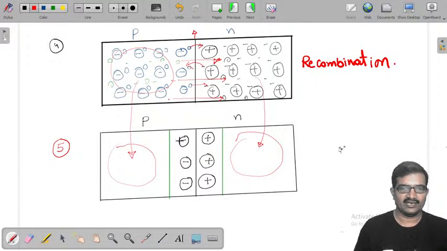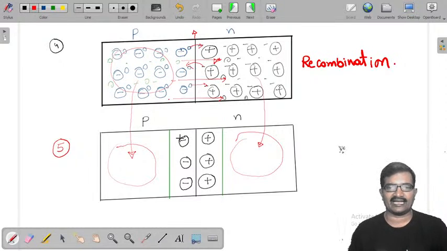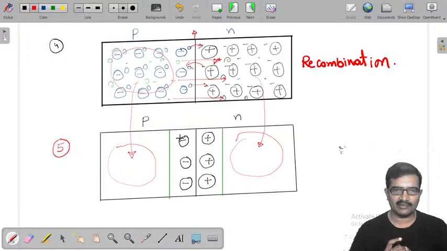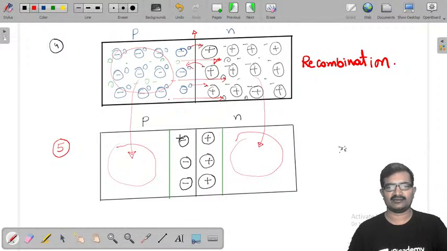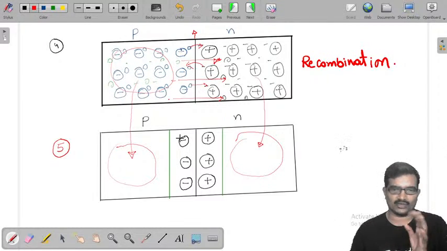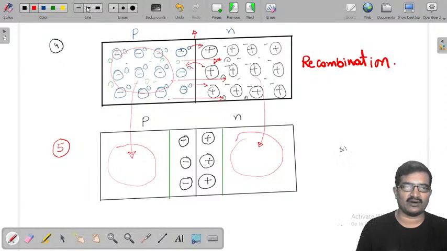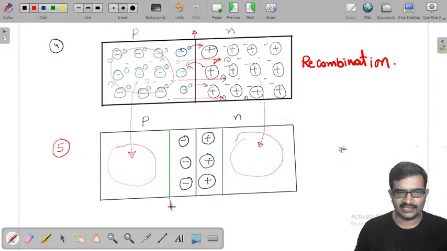Now see this. Finally we observed that a region across the junction is formed which is covered by only immobile ions. They are not moving. There is no free charge carrier. That region is called the depletion region, and let us take its width as W naught.